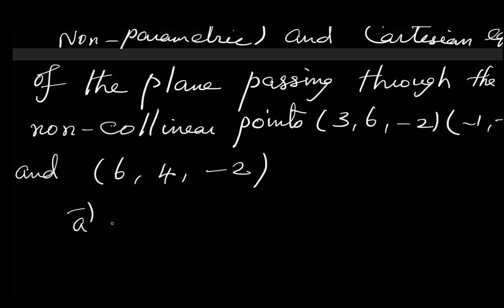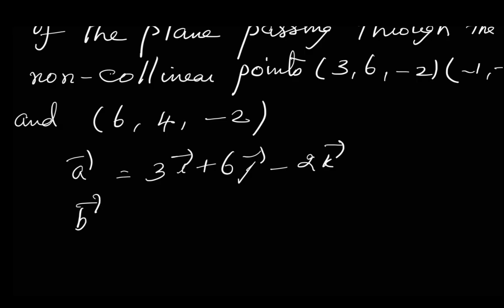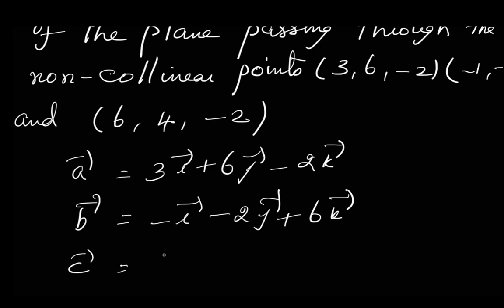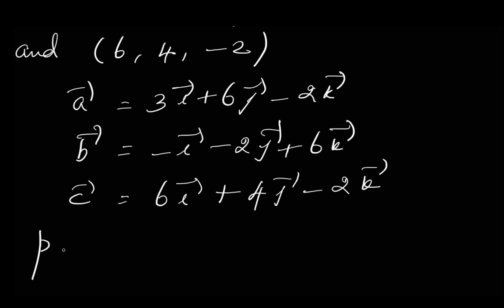Let me take vector a as 3i plus 6j minus 2k, vector b as minus i minus 2j plus 6k, vector c as 6i plus 4j minus 2k.